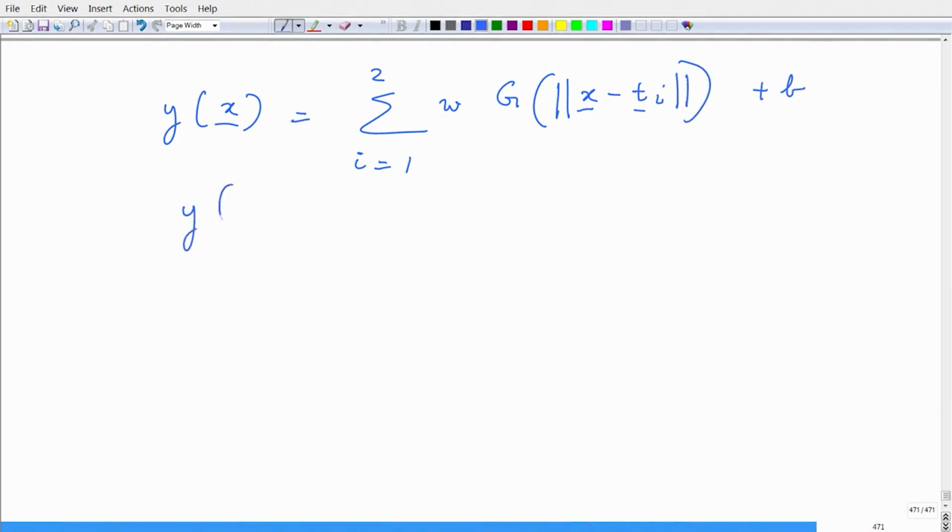Now, y of xj is dj, where dj is my desired response, and we have 4 data points in the XOR problem, right. So, let me write down these details.